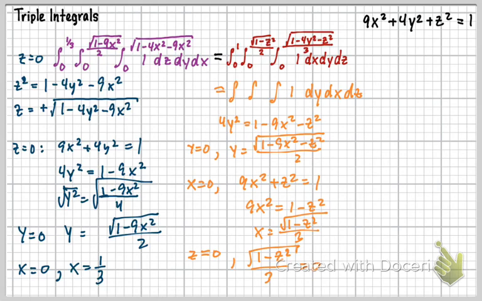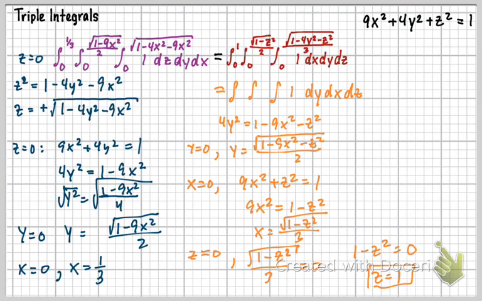So I'm going to multiply both sides by 3 and square both sides. And that's going to result in 1 minus z squared equals 0. And then I'm going to move the z squared over and square root both sides. And I'm going to end up with z equals 1. Really plus or minus 1, but I need just the positives. So z is going to run from 0 to 1.